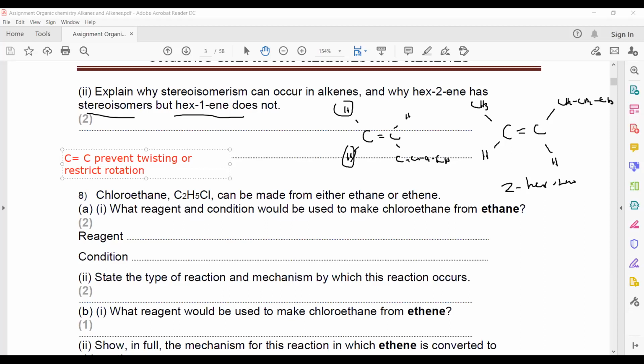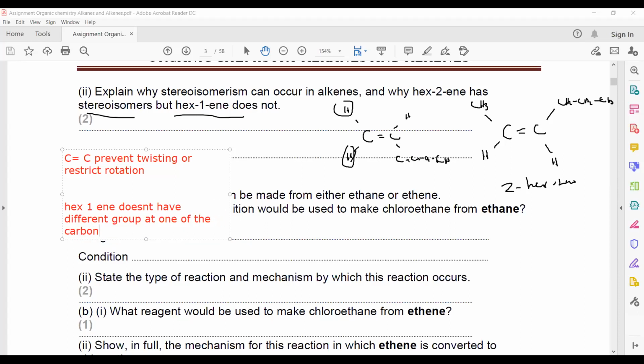That is the reason. And then, why does hex-2-ene have a stereoisomer but hex-1-ene does not? Hex-1-ene does not have a different group on one carbon. That's why it does not exhibit stereoisomerism.